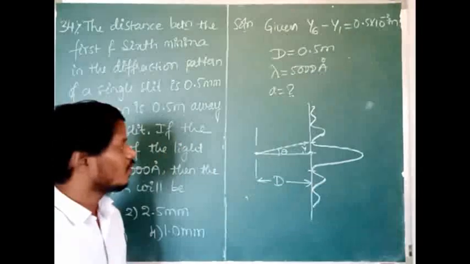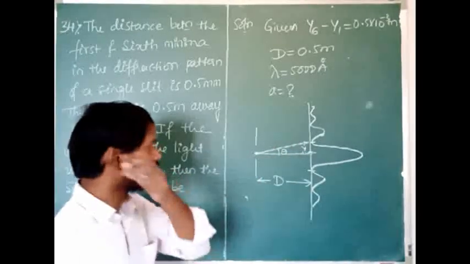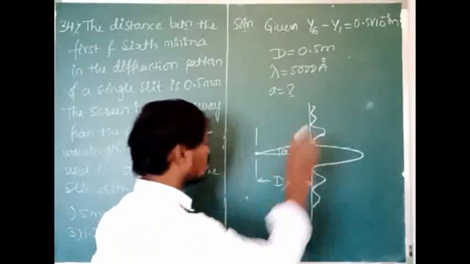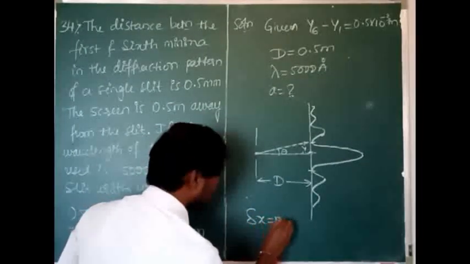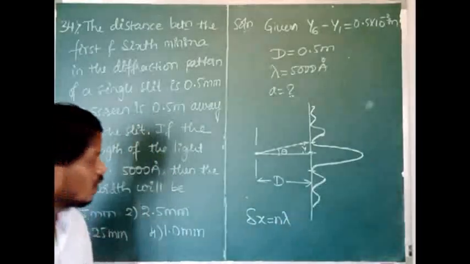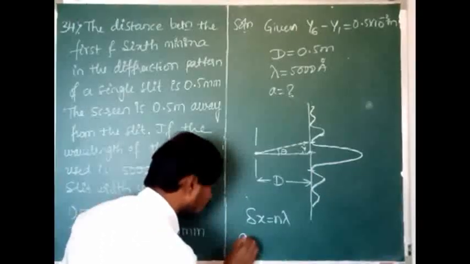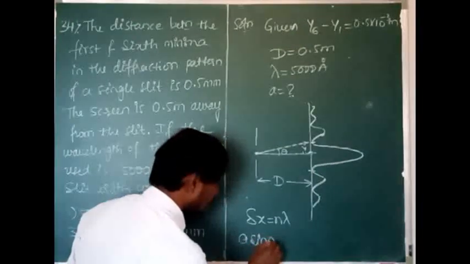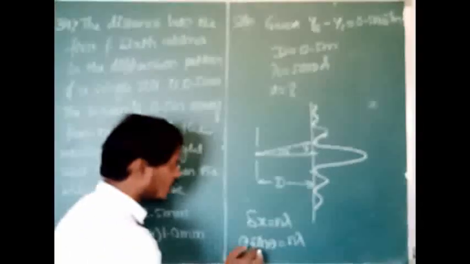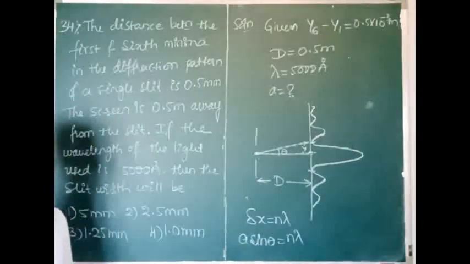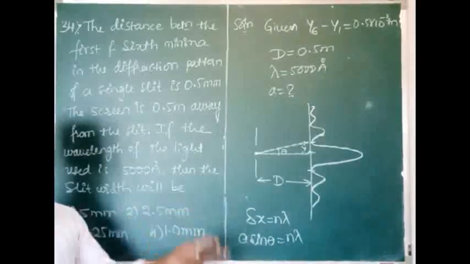Okay. So we are going to find the expression for the position of minima. By using the path difference formula, what is the path difference for the minima? That is n into lambda. Then path difference can be determined by a into sin theta. A into sin theta is equal to n lambda. So instead of sin theta, I will write tan theta, because for a small angle sin theta and tan theta are both equal to theta.